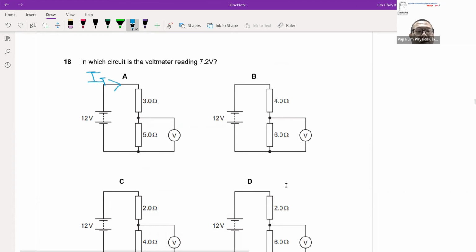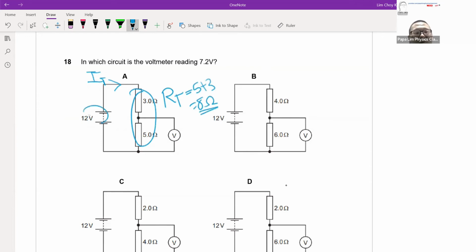So if I know the total resistance here, RT in series, it'll be 5 plus 3, so it'll be 8 ohms. The total EMF, or the total potential difference, is the EMF, which is 12 volts.